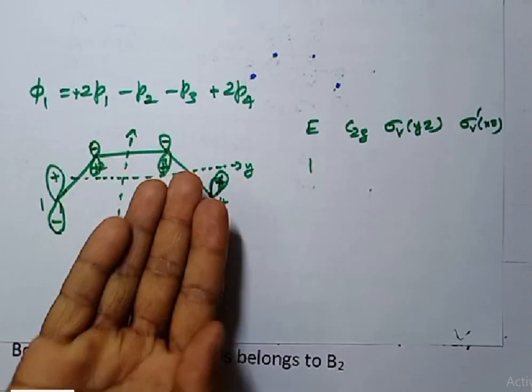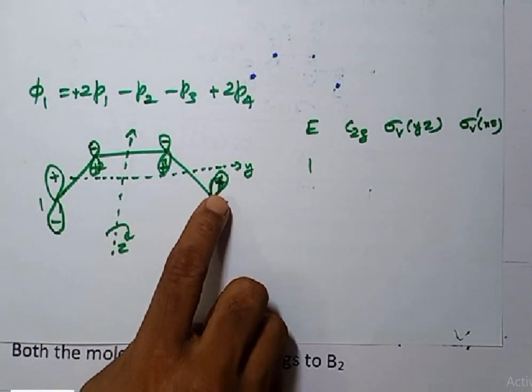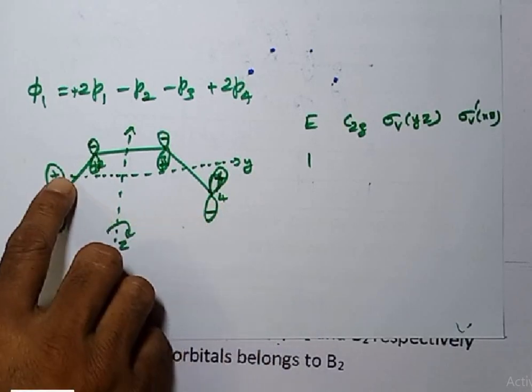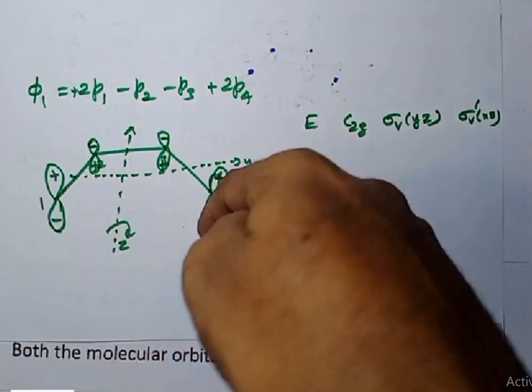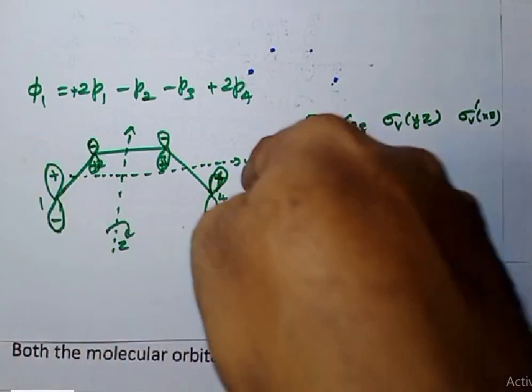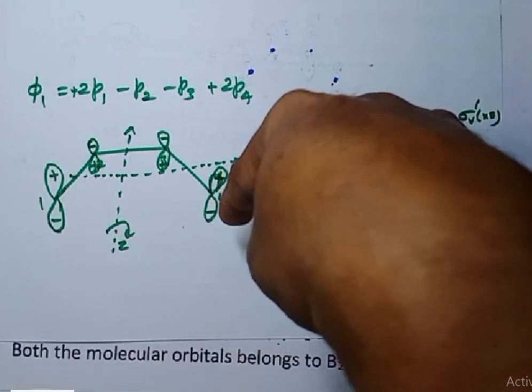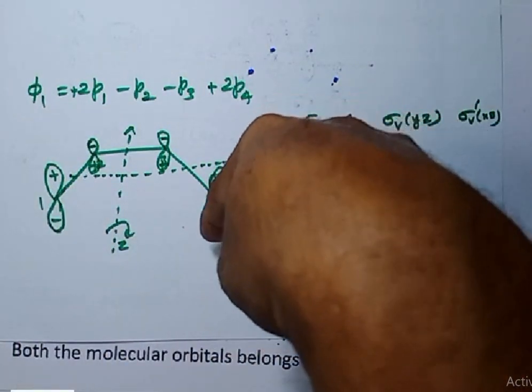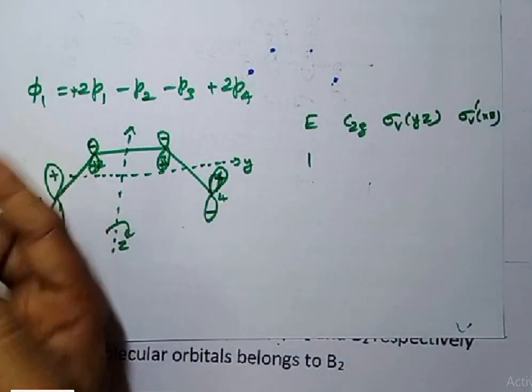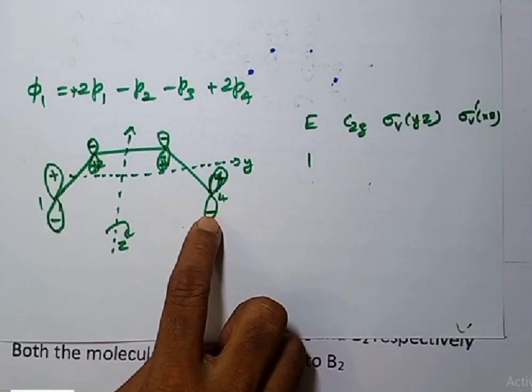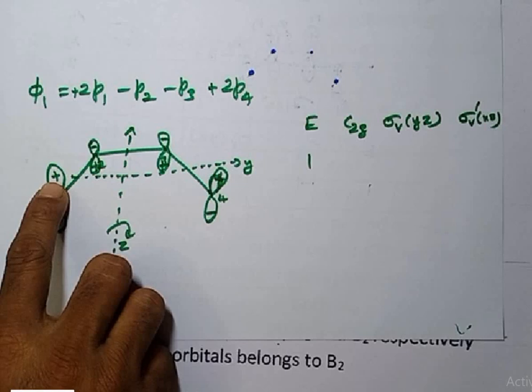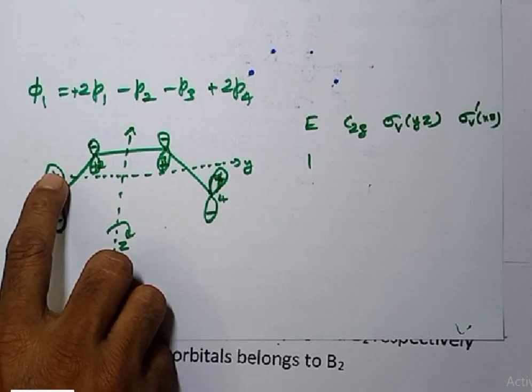When you do rotation, what will happen? The lower lobe of P4 will become the upper lobe because we are rotating like this. The lower lobe is actually down here; if I rotate by 180 degrees, it will come up. So this negative sign comes up, and I get a negative sign here.